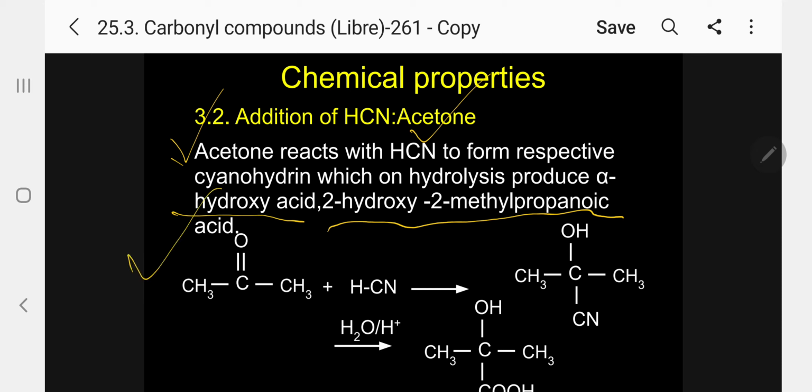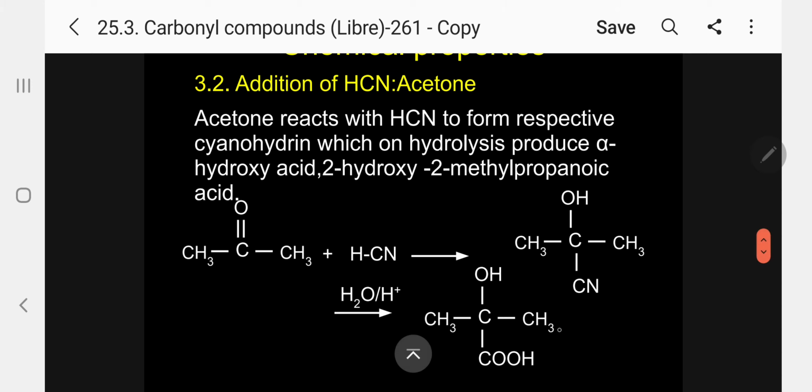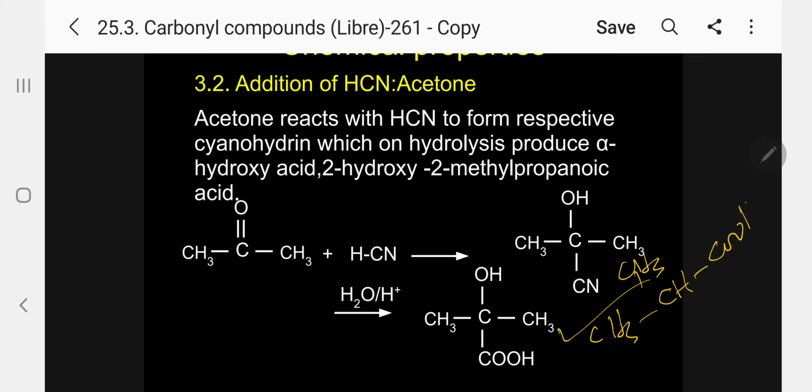See, this is acetone, which undergoes addition reaction. Kindly follow. This is the intermediate, OH and below it CN. On hydrolysis, CN will undergo hydrolysis to give COOH. This is a general phenomenon. So here, how will you write this? CH3, CH3, OH, COOH.